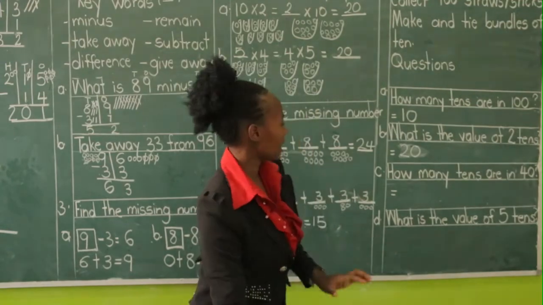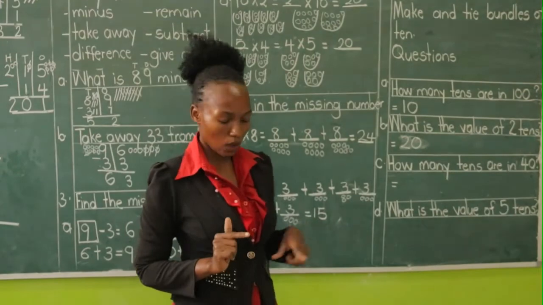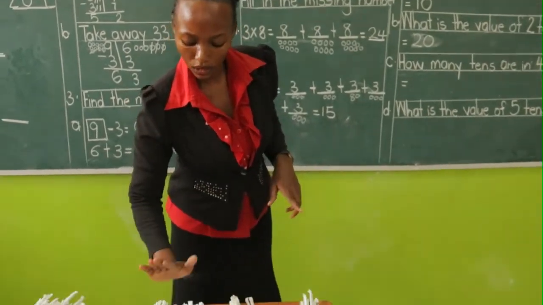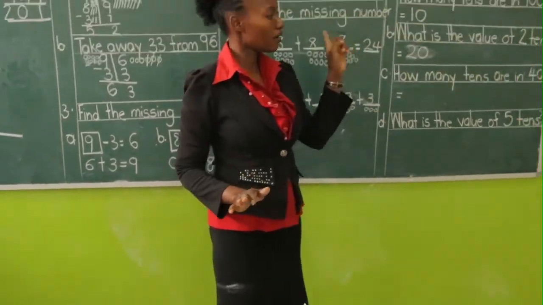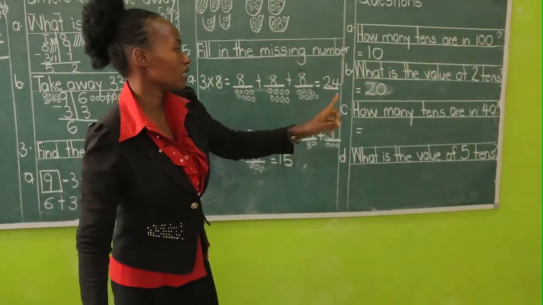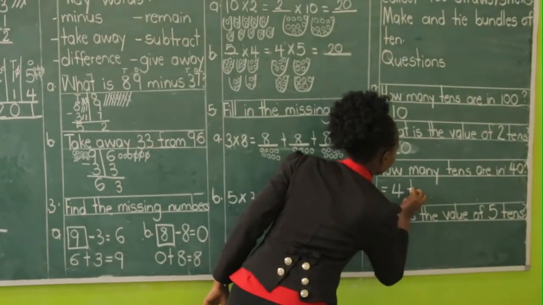Now we are going to count the tens which are in 40. These were 40 straws. 1, 2, 3, 4. It means that we have 4 tens in 40 sticks.